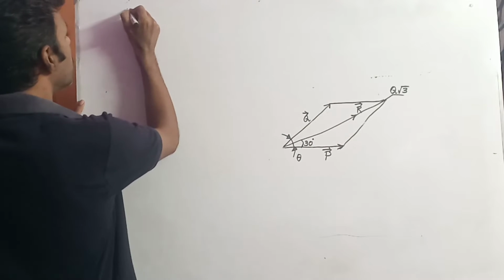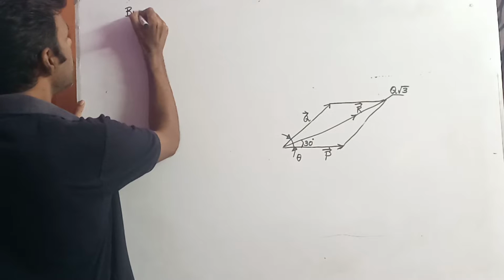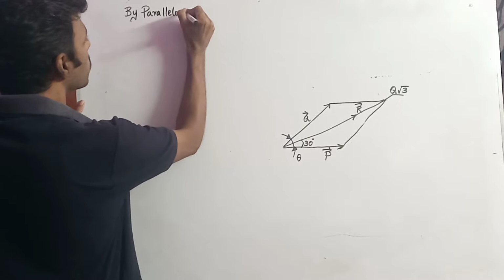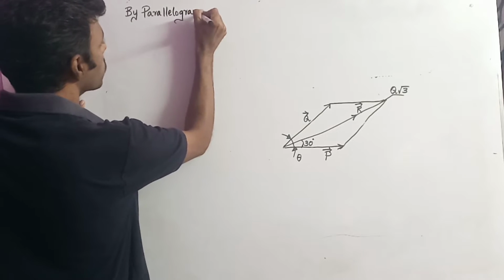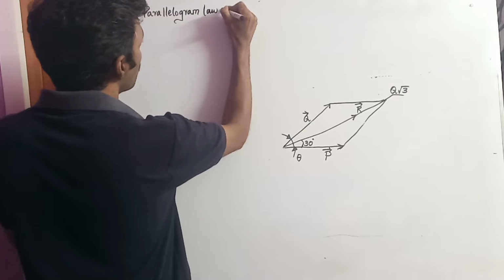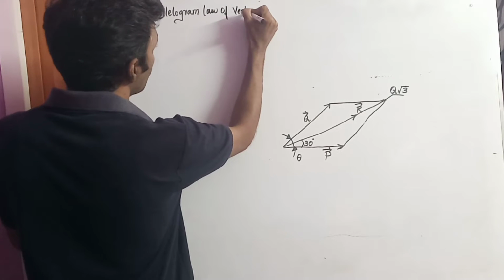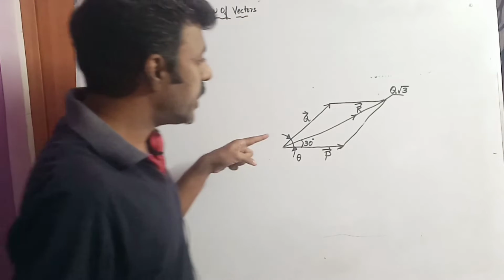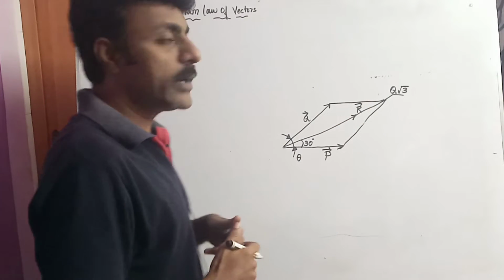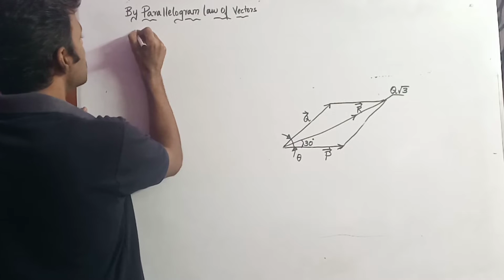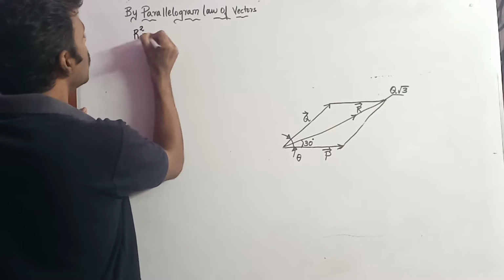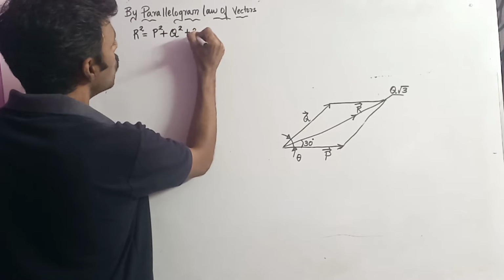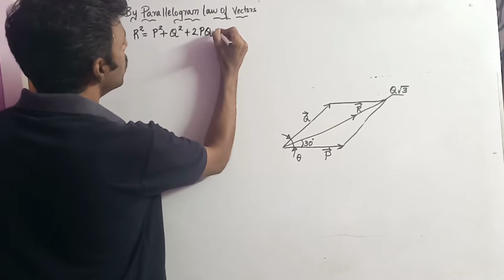Okay, so by parallelogram law of vectors, we know that R squared is equal to P squared plus Q squared plus 2PQ into cos theta.